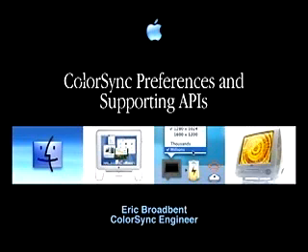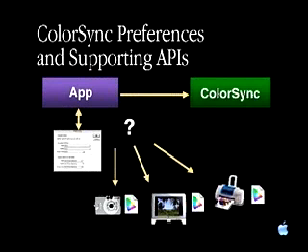All right, well, I wanted to start out today with a little bit of an overview. Why are we even talking about ColorSync preferences and the supporting APIs? Well, here's a view of an application in classic Mac OS and how it interacts with different parts of the system and the user.